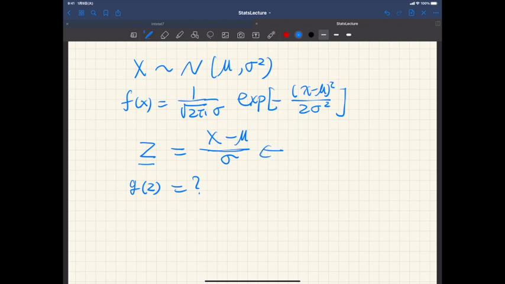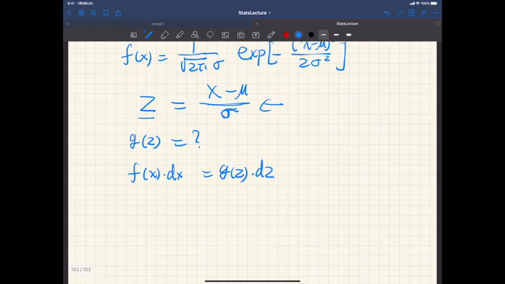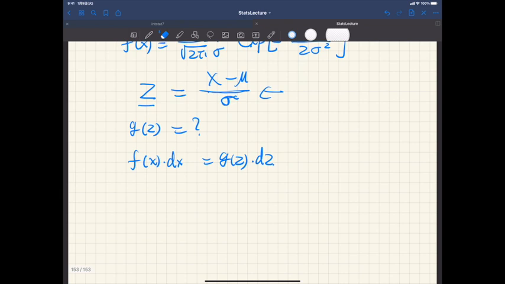Since this linear transformation is of course linear, and it's also monotone increasing because sigma is positive, so the coefficient of x is positive, we can simply write f of x dx is equal to g of z dz. In order to find g of z, we find f of x times dx/dz.